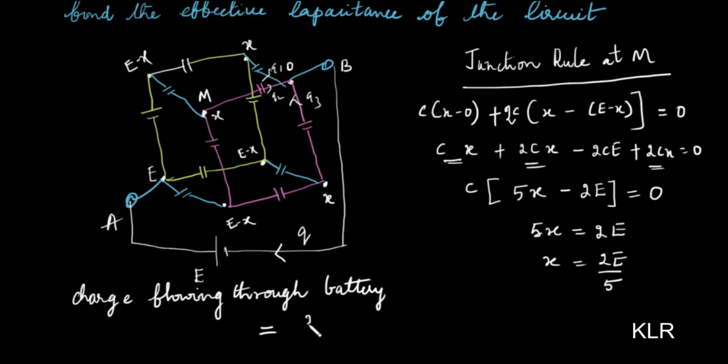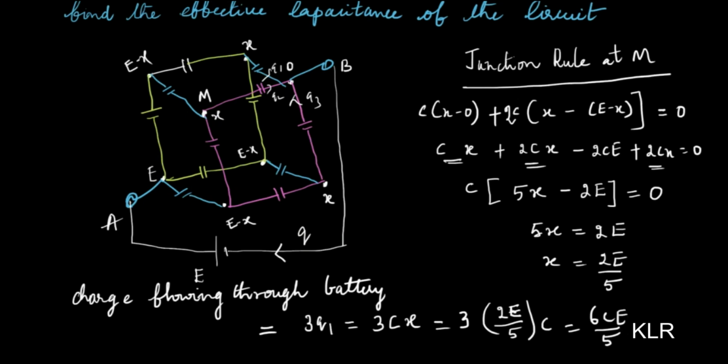So this is 3 times q1, which is 3 into C into x, since the potential difference is x and capacitance is C. So this is 3Cx, that is equal to 3 into 2E by 5 into C, that is 6CE by 5, the charge flowing through the battery.